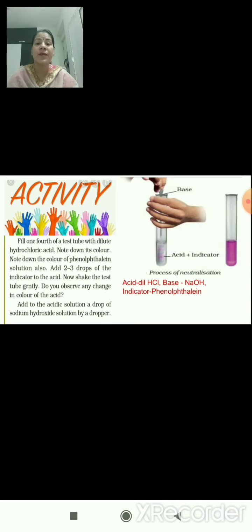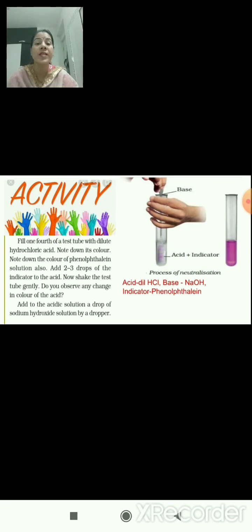In this activity we will take two test tubes. One test tube we will fill with dilute hydrochloric acid and we will note down its color. In another test tube we will take some amount of phenolphthalein solution and we will also note down its color.